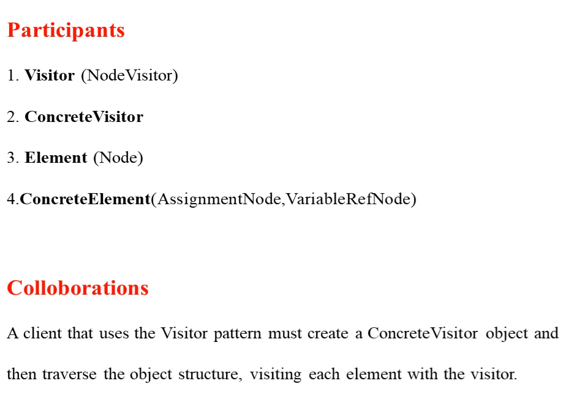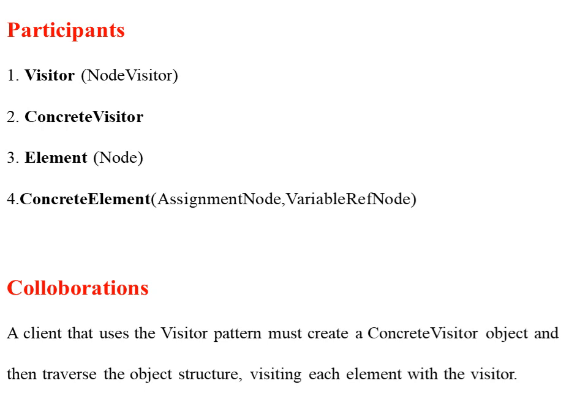Next, coming to the collaboration, a client that uses the visitor pattern must create a concrete visitor object and then traverse the object structure, visiting each element with the visitor. The visitor pattern creates a concrete visitor, then traverses, like pre-order or post-order, any traversal of the object structure.